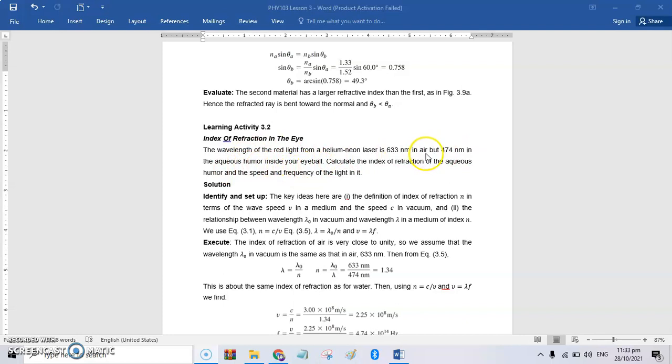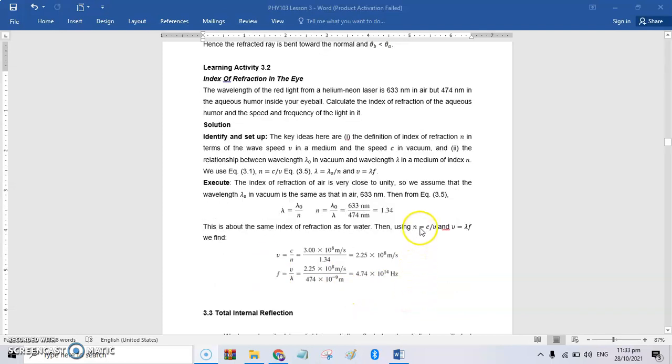So the first material is air and the second material is the humor inside your eyeball. So 633 is the first material and 474 is the second material wavelength. Yan na. So the index of refraction is 1.34. This is about the same index of refraction of water.